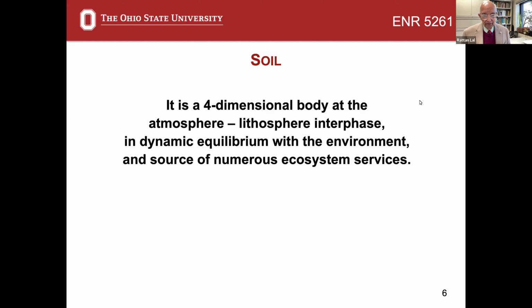Atmosphere, as you know, is air, lithosphere, the bedrock. The interface of that is the soil, and it's in dynamic equilibrium with the environment. And it's a source of many, many ecosystem services. That dynamic equilibrium is important because soil changes over time because of anthropogenic and natural disturbances.